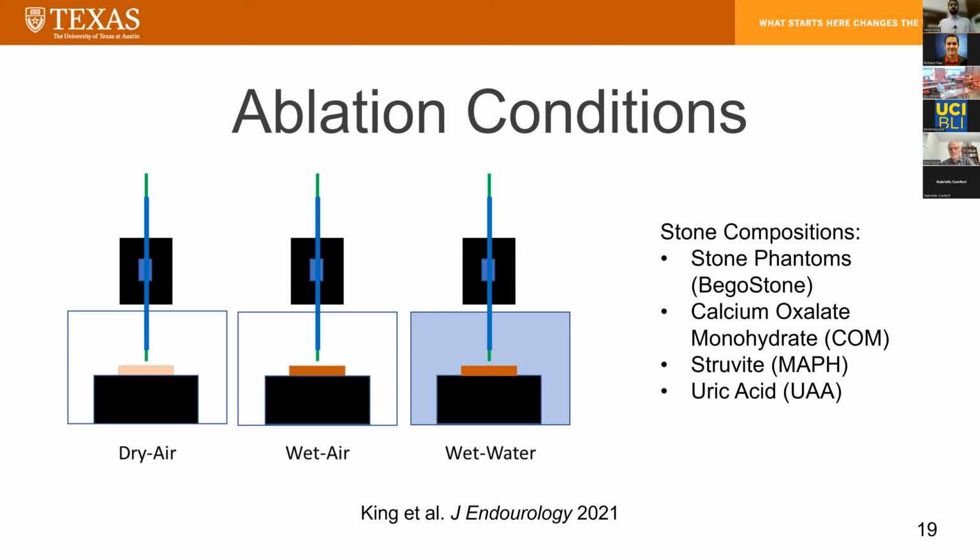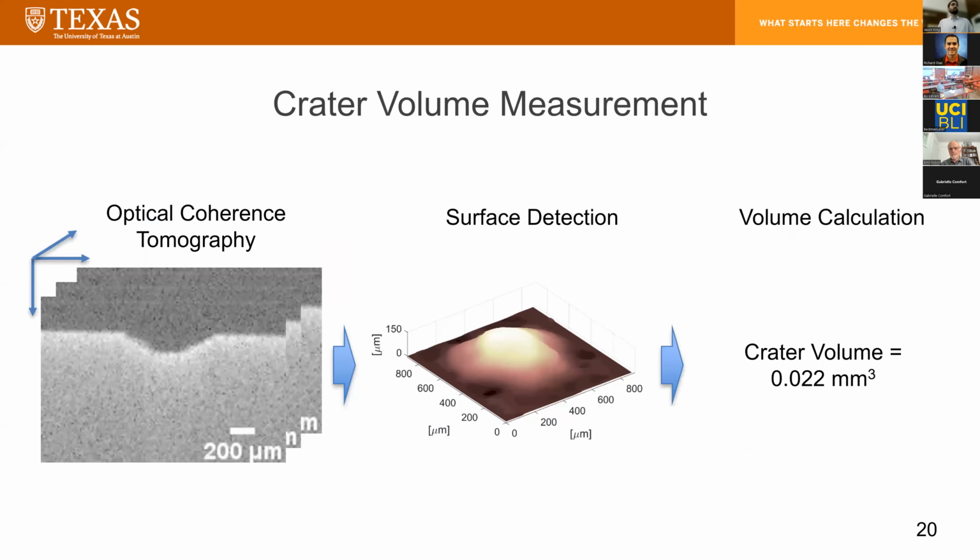And we did this for 4 different stone compositions. We did the stone phantoms, the calcium, struvite, and uric acid stones. After ablation, we used OCT to image the ablation craters, and using a surface detection algorithm, we're able to calculate the volume of each crater.